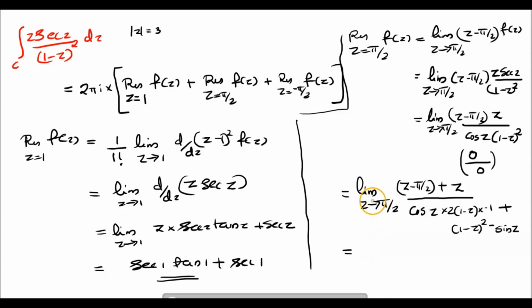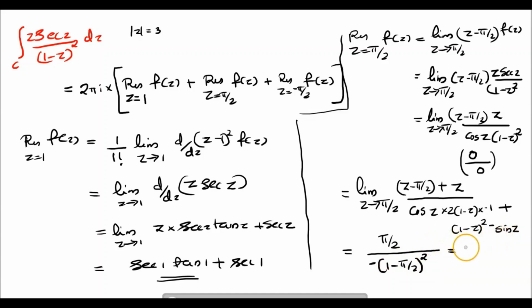Therefore, now taking limit z equal to pi by 2, the first numerator term is 0 and the second z becomes pi by 2. Now cos pi by 2 is 0, thus that term becomes 0. And this is minus of (1 minus pi by 2) all square, sin pi by 2 is 1.